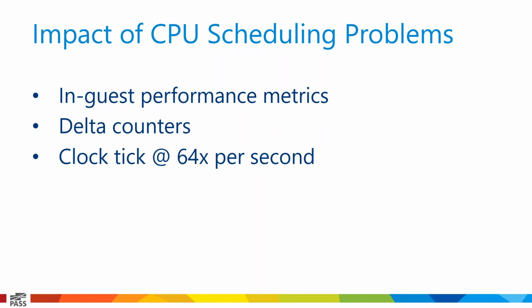I don't want to say it's wrong, but it certainly can be skewed, especially if the scheduling queues are higher and higher and higher. That's not good, because this basically means that every performance monitoring tool that we've ever depended on in our entire careers could be wrong. And this is why it is so critical that you get access into the hypervisor. You don't need full access, just read-only access. That's all you need.